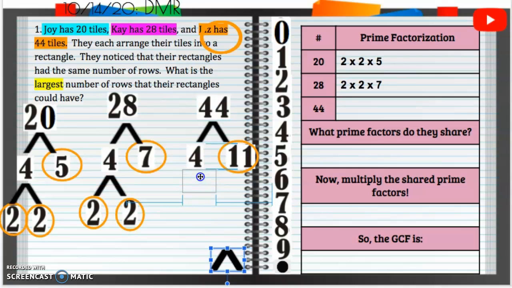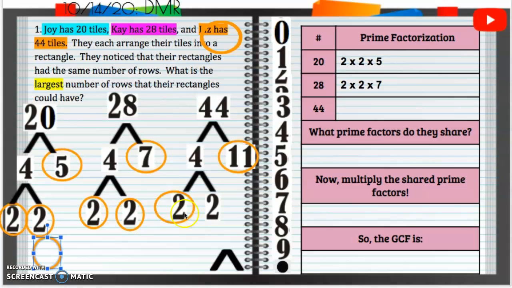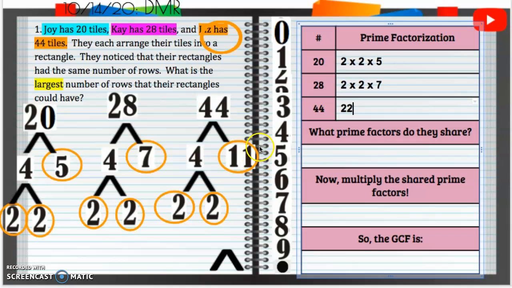But this 4, we do know how to break down. 4 we can factor into 2 times 2. This 2 is a prime number, because the only two factors are 1 and itself, so I'm going to circle those. Now there are no more branches to go. Prime factorization in order from least to greatest: we have a 2, another 2, and an 11. And remember, these are being multiplied.